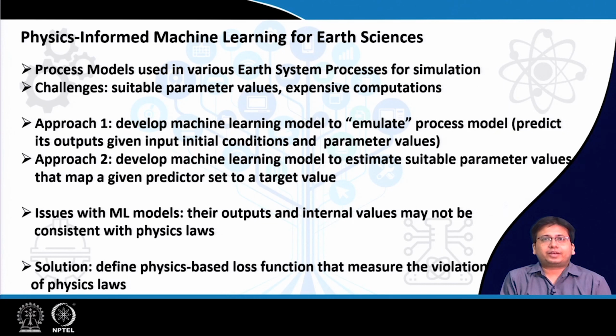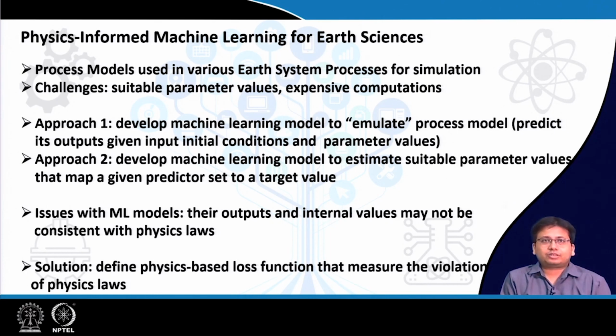We can aim to train a machine learning model which will be able to predict the predictions by the process based models. That is, if you give the initial conditions, your machine learning model will be able to predict what will be the values of the final condition which the process based model will come up with. That is called emulation of these process based models.